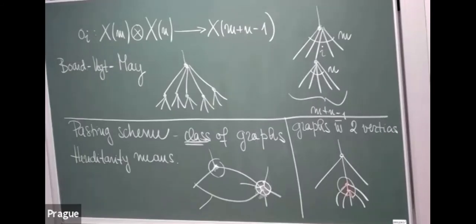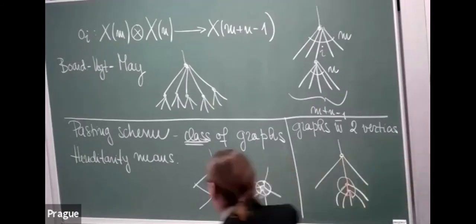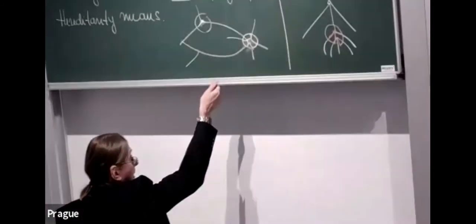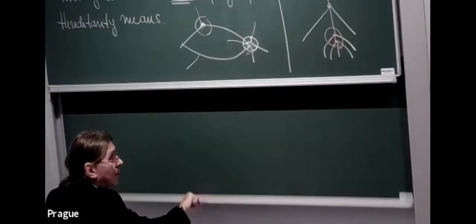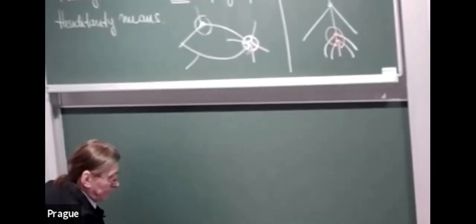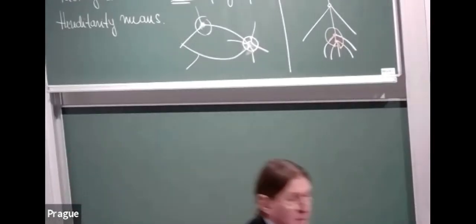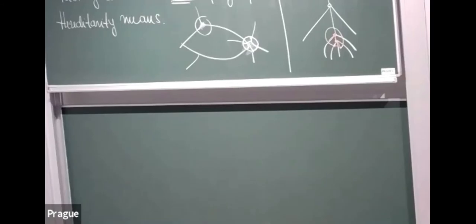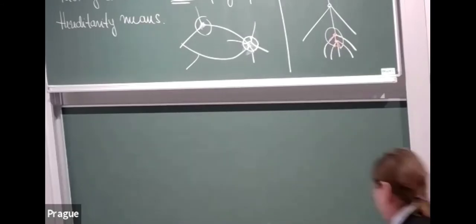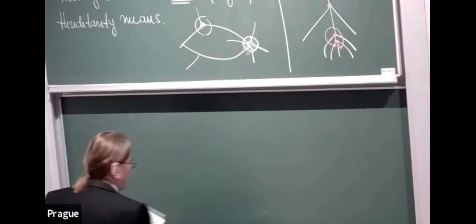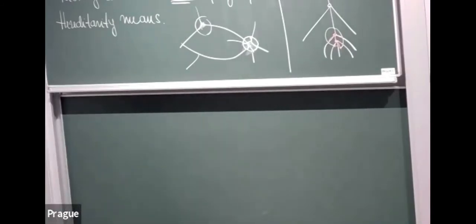So another example, I hope that I may still use this board. Another example are cyclic operads. I said that ordinary operads are abstractions of operations with several inputs and one output.